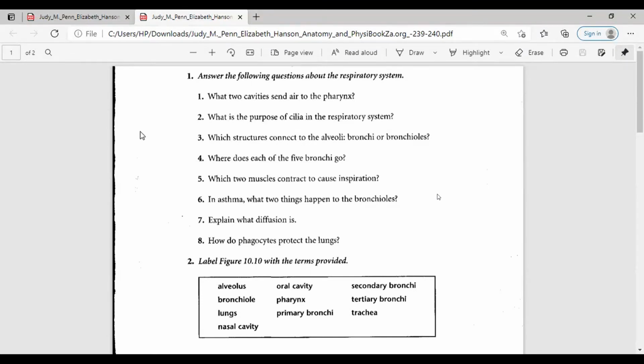Number 3, Châu Ngọc Phụng. Yes, teacher. Can you answer question number 3 for me? Which structures connect to the alveoli, bronchi or bronchioles?